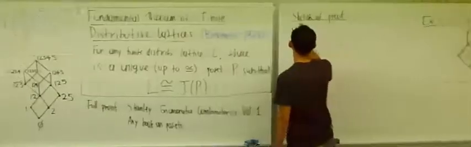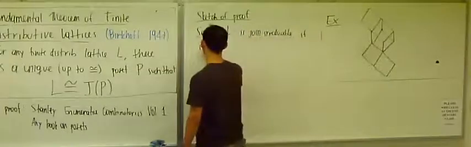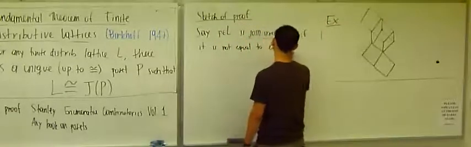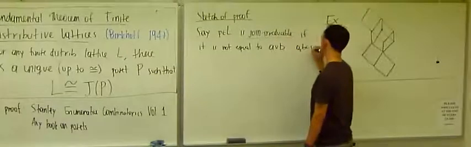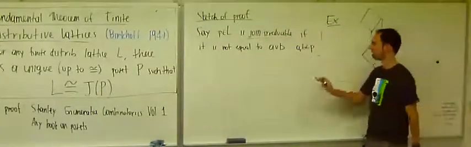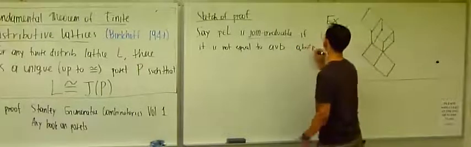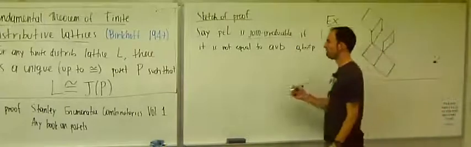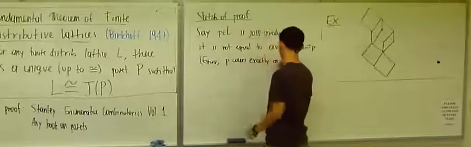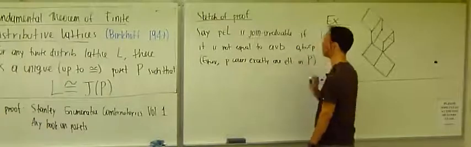So, say an element of a lattice is join irreducible if it is not equal to a join of two things that are not it, A, B not equal to P. Equivalently, P covers exactly one element in the poset.